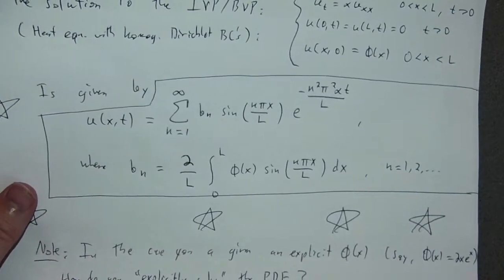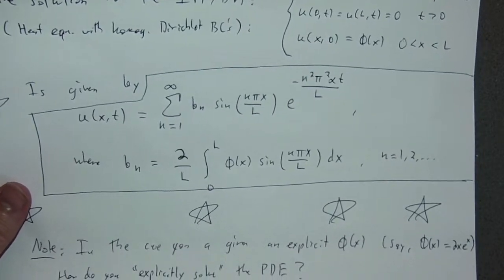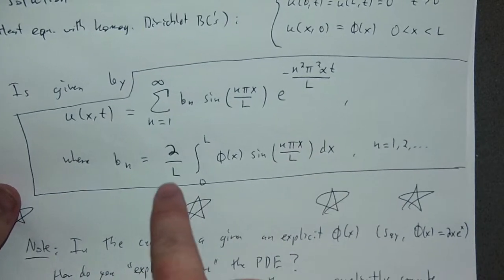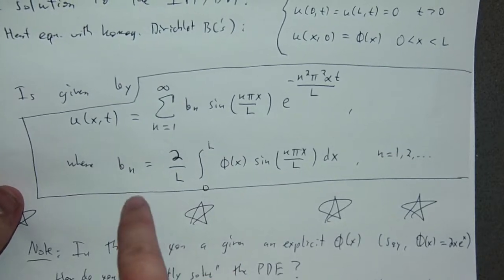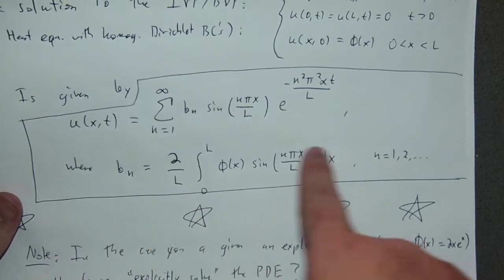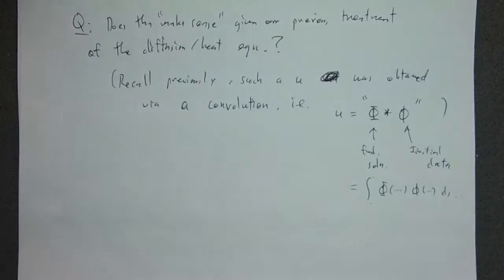Well, at first glance, you might think that it doesn't. But note, there is an integral showing up here, right? In fact, what happens if I actually just write this integral in here, in this slot?